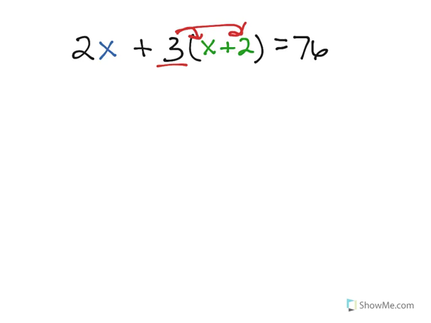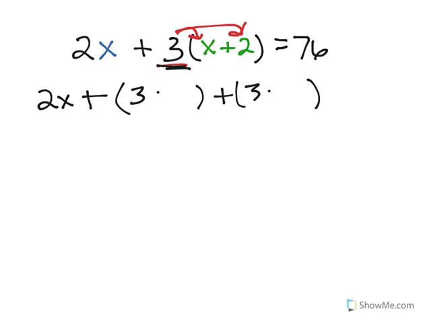So that means we're going to rewrite this as 2x because there's nothing that changes about the first term, and then we're going to go ahead and in parentheses put 3 times because this 3 is being multiplied by each term inside of the parentheses, and then we're going to separate the terms inside the parentheses.